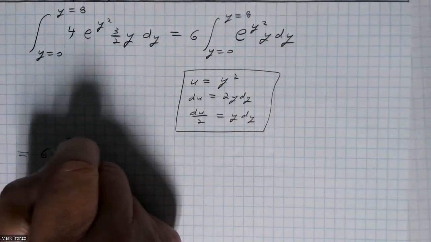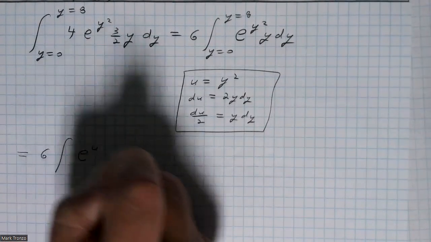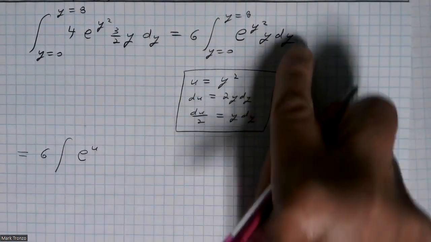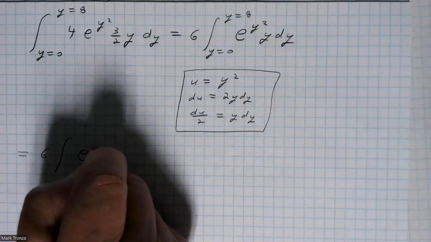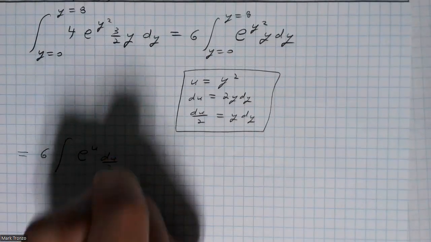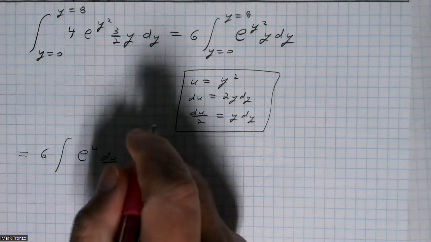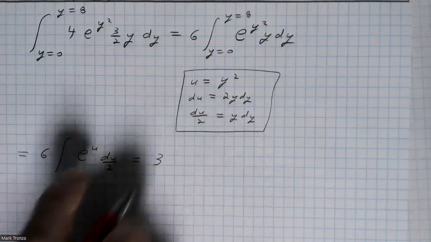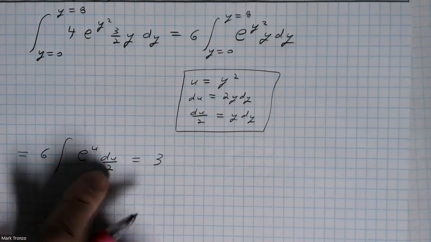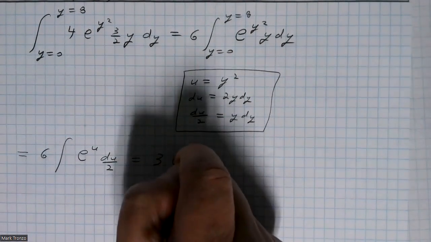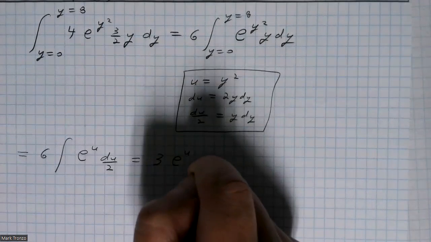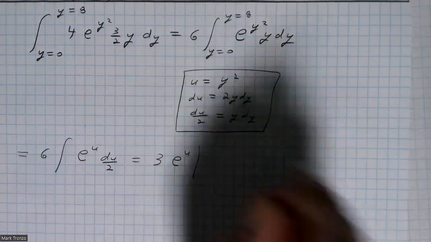It'll be e to the u and du over 2 for these. We could even cancel this, making it 3. When we integrate e to the u du, that's just e to the u again. It's going to be evaluated.